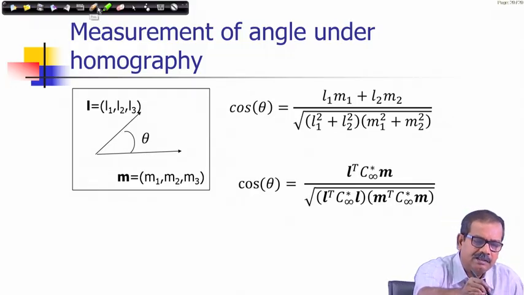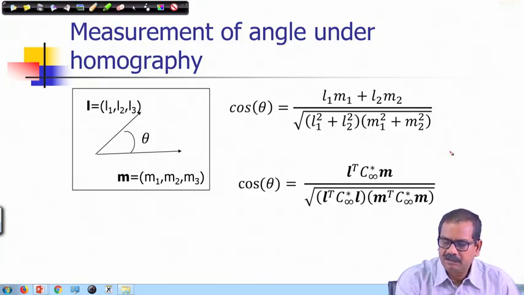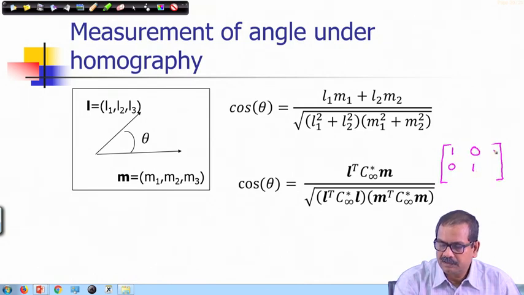Note here that C infinity star is the dual conic at infinity, and it is given by this: 1 0 0, 0 1 0, and the rest are all zeros.